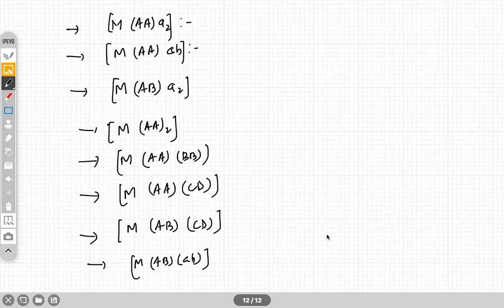Square planar or tetrahedral we can understand only if you know the hybridization. If you are getting sp3, it is tetrahedral, otherwise dsp2 gives square planar. So hybridization gives you this information.